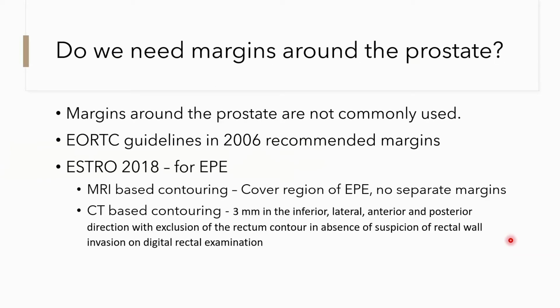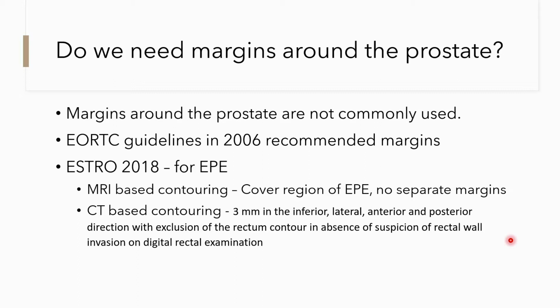The next question that we have is, do we need margins around the prostate gland? Usually, for practically every other cancer, we have a GTV volume, and then an expansion into a CTV volume, because it's very difficult sometimes to appreciate extraprostatic extension, or disease going outside the capsules of organs.